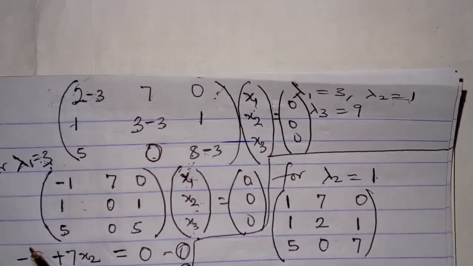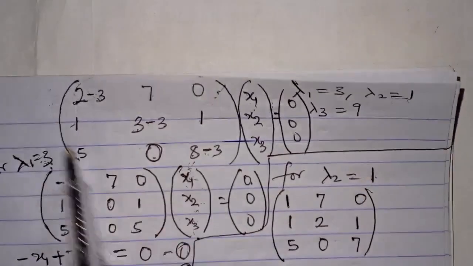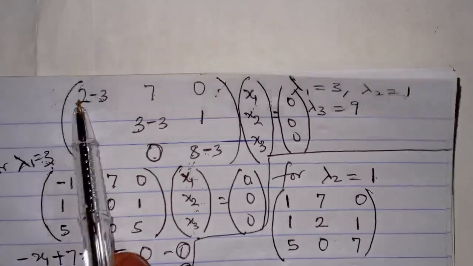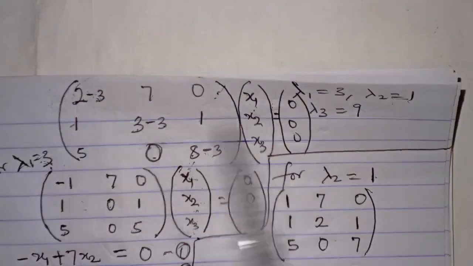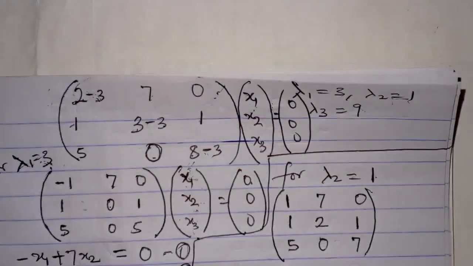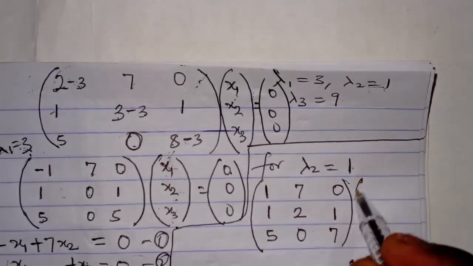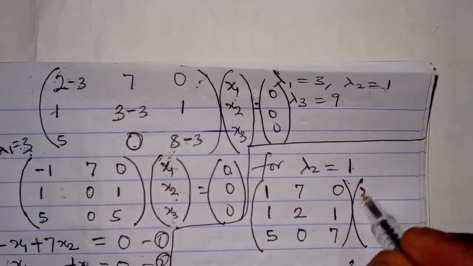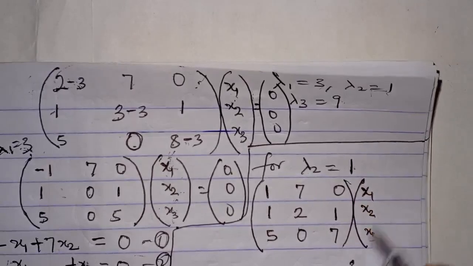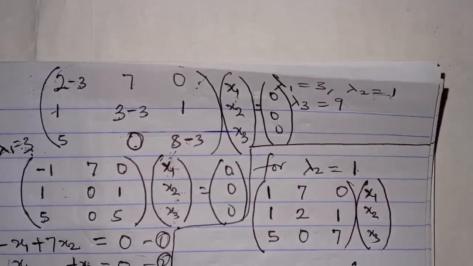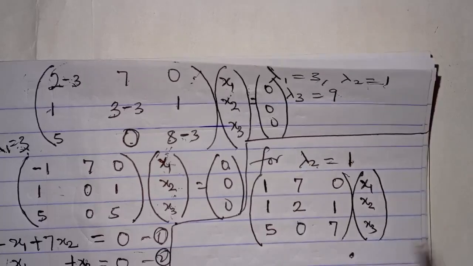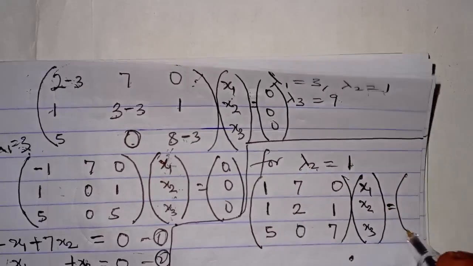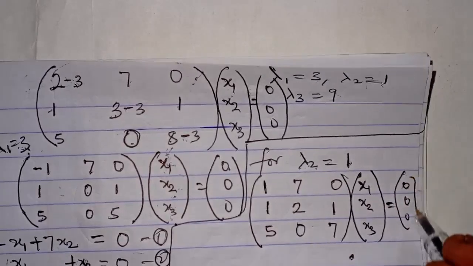I hope you get it. You can choose to write a fresh matrix and now say 2 minus 1, 7, 0, and all of that. But I want to cut off that step. Then this matrix is multiplied by x1, x2, x3, which is the eigenvector for lambda 2 equal to 1. And this is equal to the 0 matrix, 0, 0, 0.